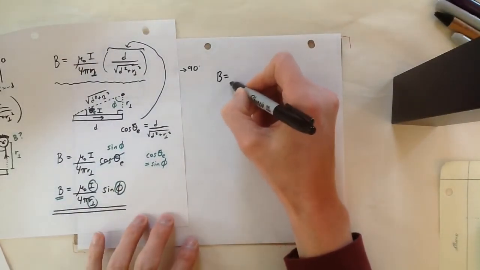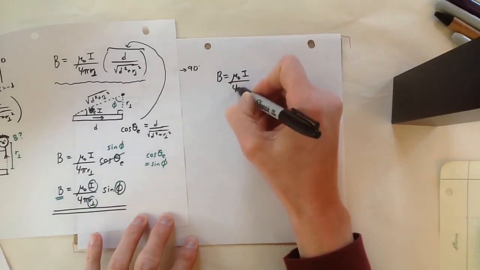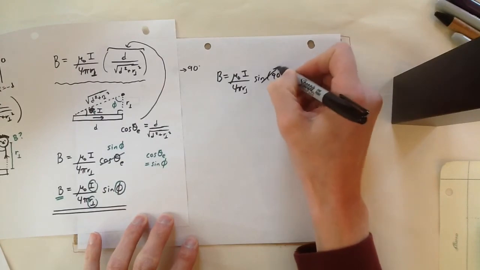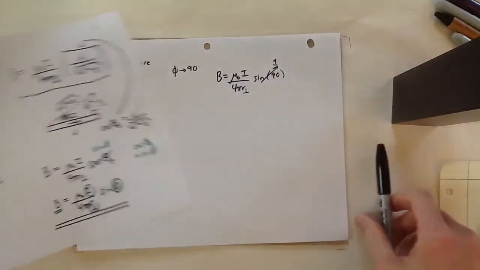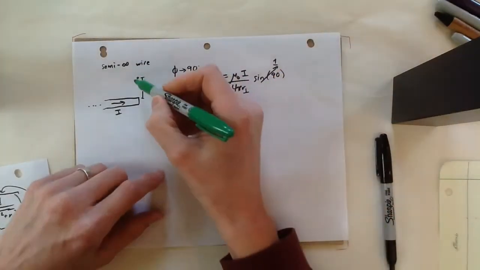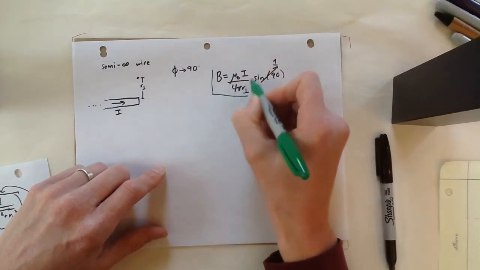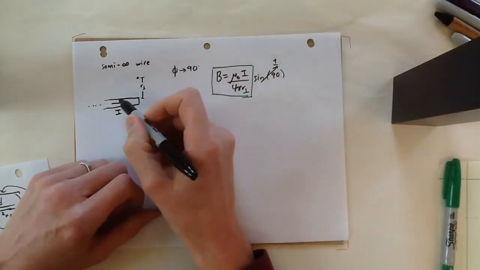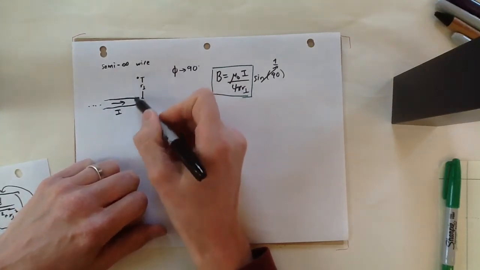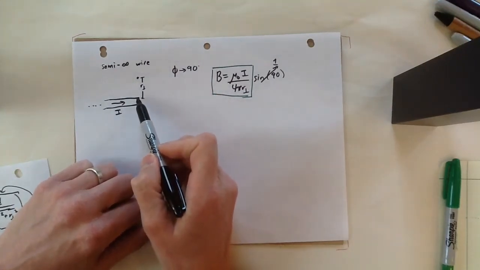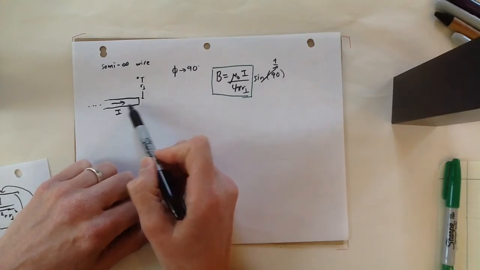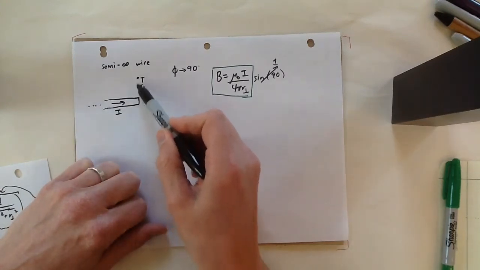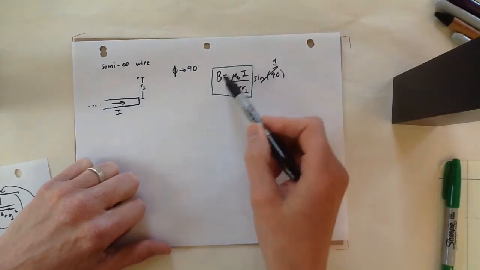Well, B equals mu naught I over 4 pi r perpendicular sine of 90, well, sine of 90 is 1. And so if you were here, you would experience a magnetic field of this. So if you're standing right above the end of a semi-infinite wire, where the current comes in from very, very far away and stops right next to you, then that's the formula to use.